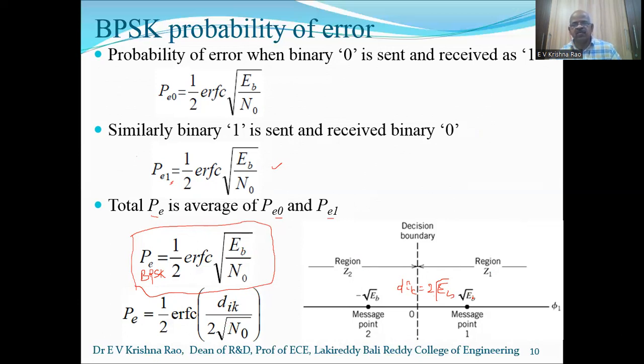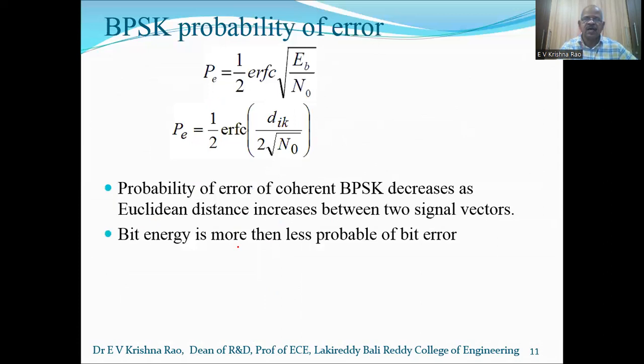If the energy per bit EB is more, then the probability of error is less, because the complementary error function is an exponentially decreasing function. Having more distance between binary 1 and binary 0, the equivalent distance d12 between two signal vectors, means more energy and less probability of bit error.